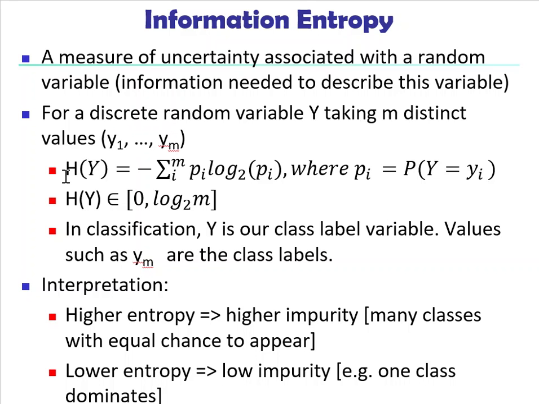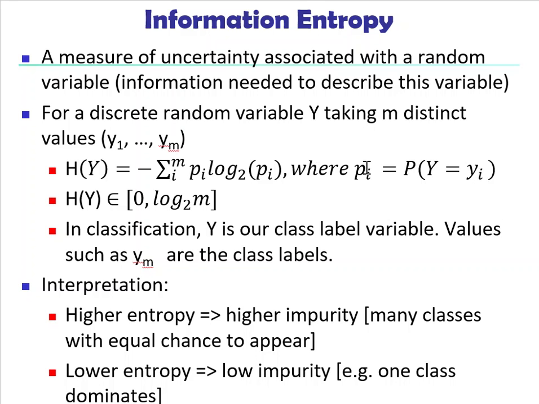Then the information entropy for this class variable is going to be the negative sum, for every class, of the probability for this class to happen times the base 2 log of the probability for this class to happen. So p_i is the probability for y to be equal to a specific class label.